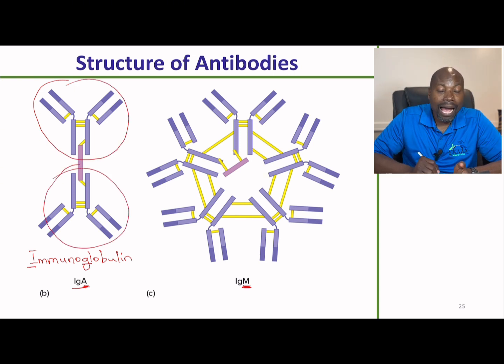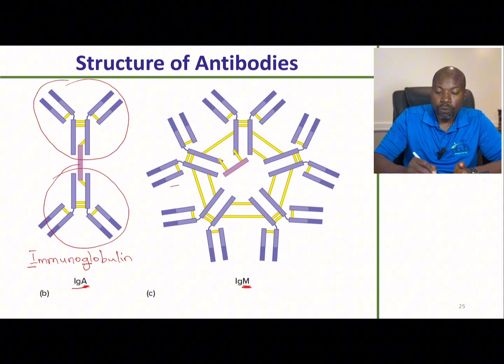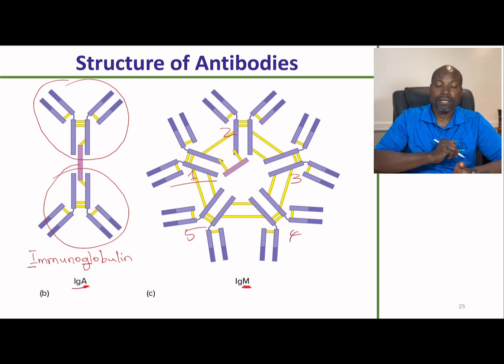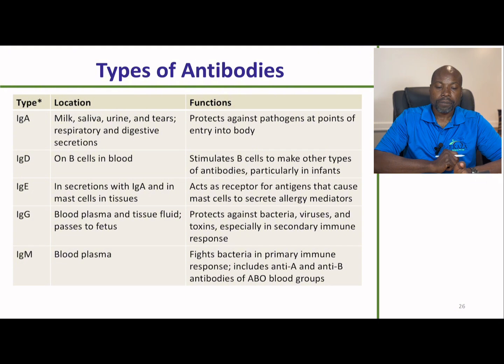Immunoglobulin class M has 5 units: 1, 2, 3, 4, and 5 units, right?